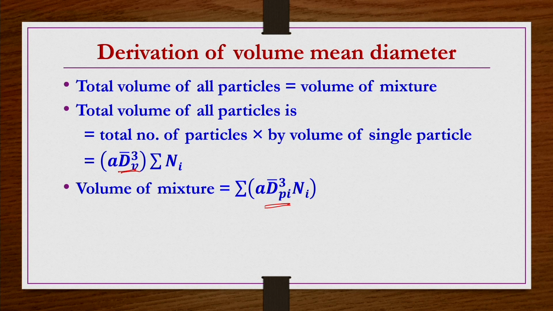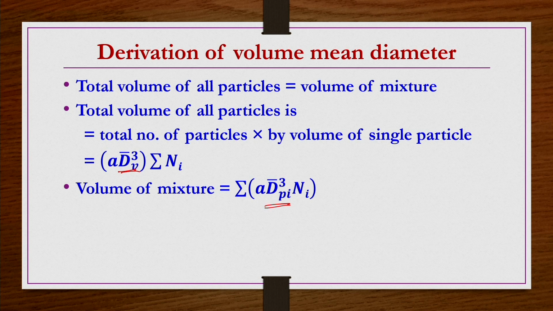So, for the sample we are assuming all the particles have a volume mean diameter of dV bar, whereas for the mixture we are assuming all the particles have the average diameter dPi bar for a given ith increment.